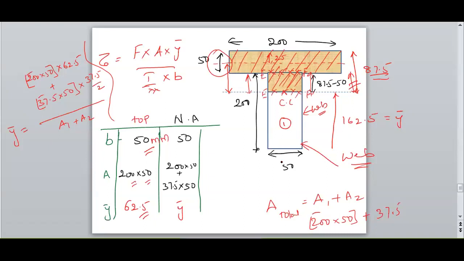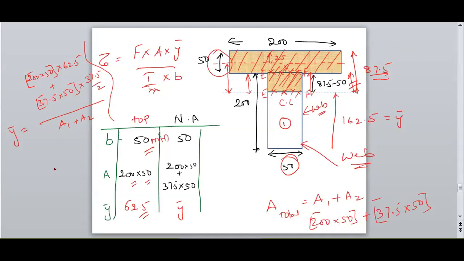into the width of the web, which is 50. Therefore, the total shaded area is 200 into 50 plus 37.5 into 50. Now I need the centroid for this shaded area.